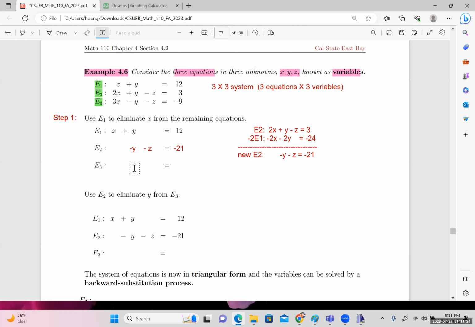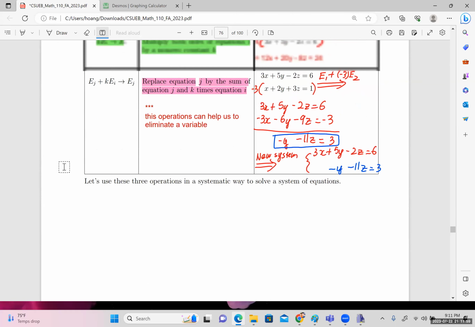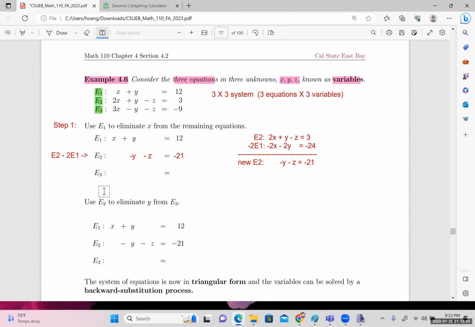So that we did have equation 2 minus 2 times equation 1, right? To get rid of the x term in equation 2. So we have this. Maybe I should put the equal sign better. Anyway, that's okay.